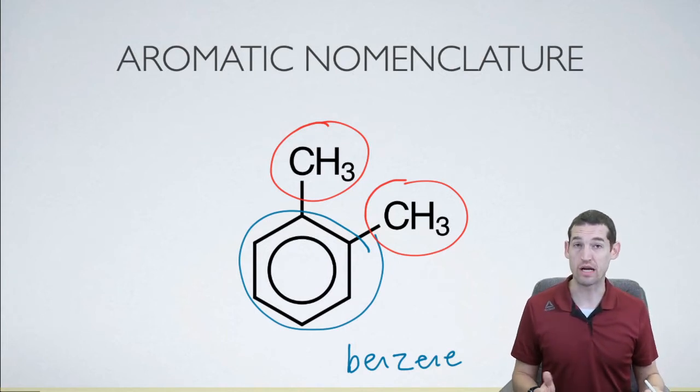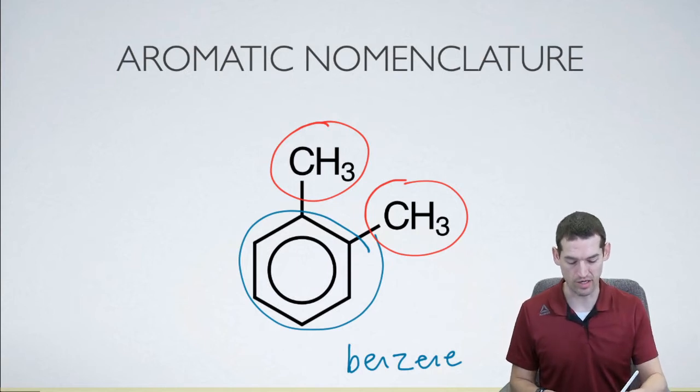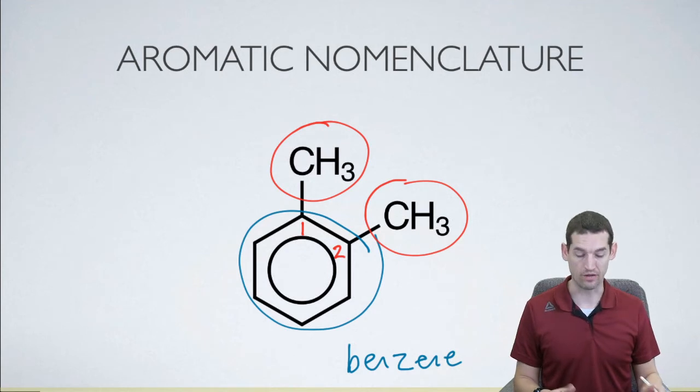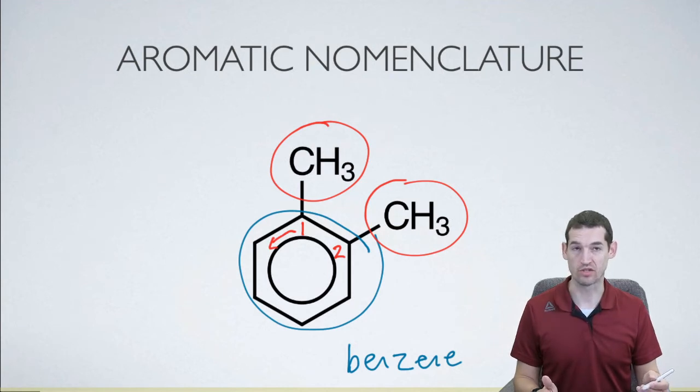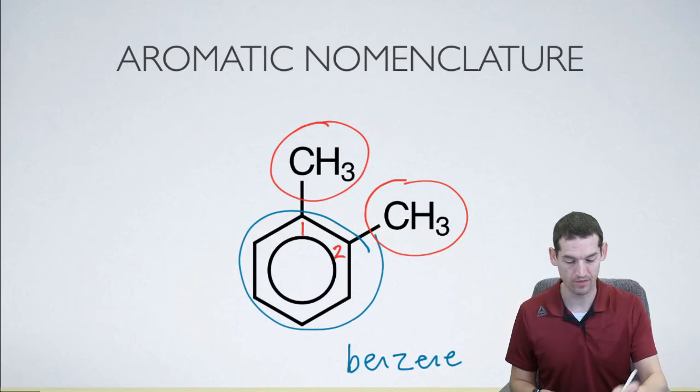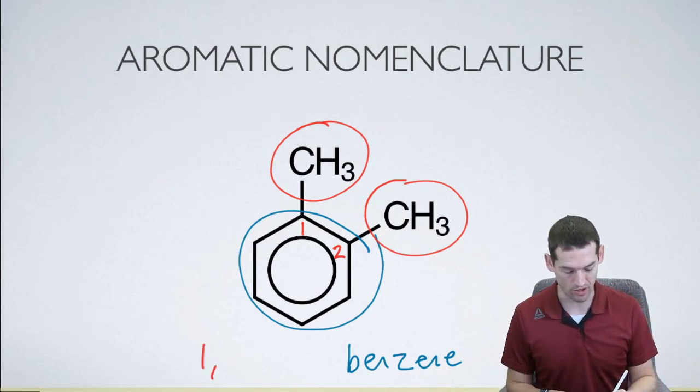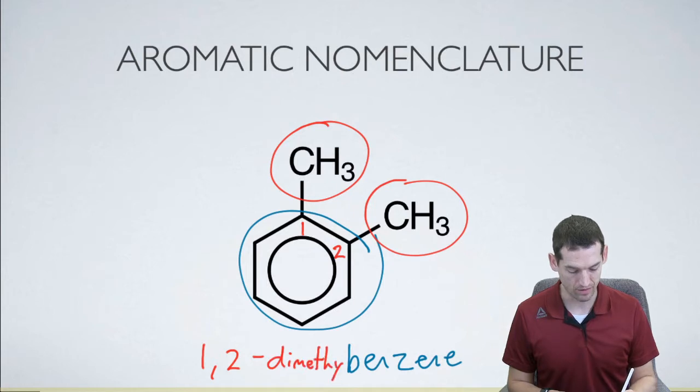But now I do have to number them, because in this case, the carbons I would number as 1 and 2, rather than if you went the other way. If I went this way, I'd get 1 and 6, that's not lower. So 1 and 2 obviously is the best option. So this would be a 1,2-dimethylbenzene.